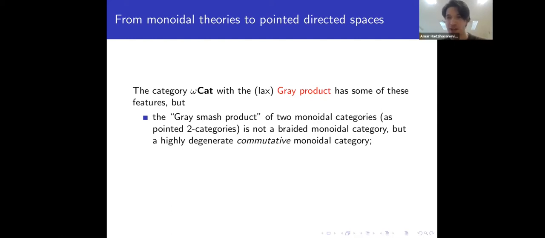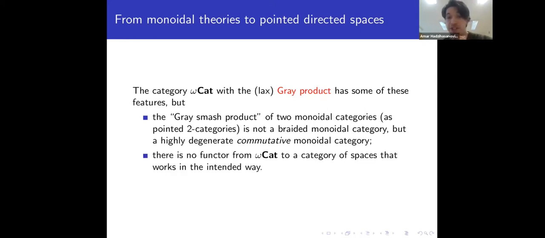So we get a doubly degenerate strict 3-category, and these things are pretty degenerate. So we cannot really recover this external tensor product. And moreover, there is no functor from strict omega categories to spaces that does work in the intended way. In particular, there's no good functor which takes polygraphs to CW complexes.